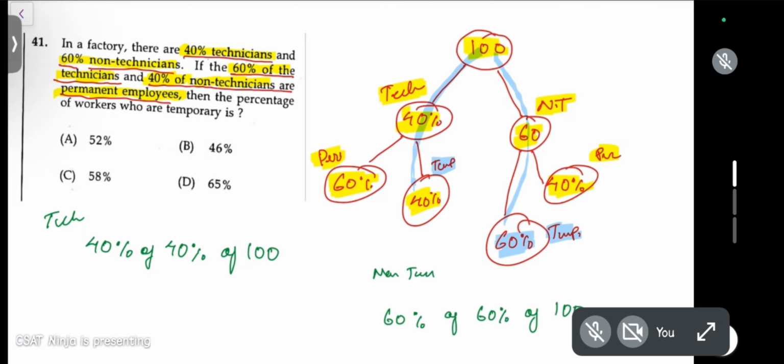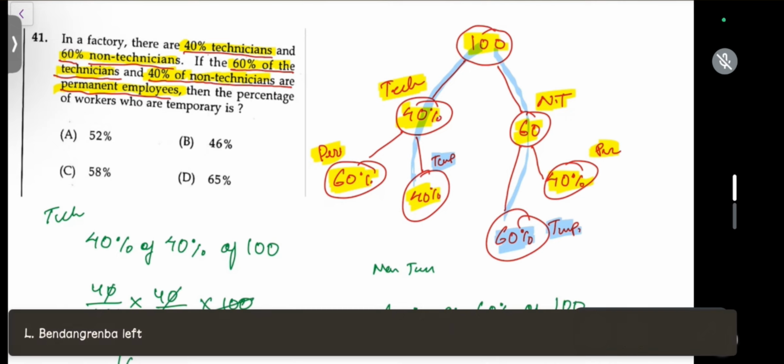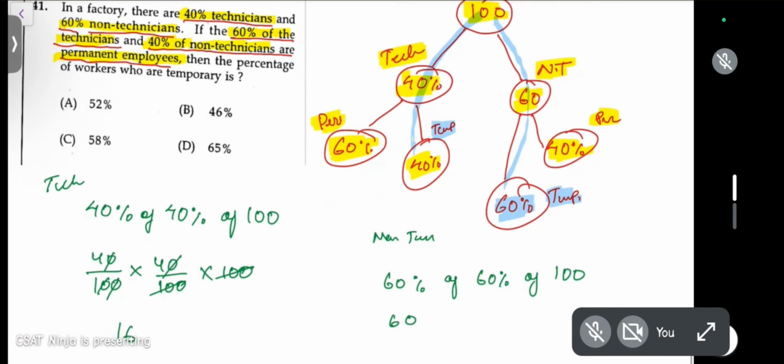So 40 divided by 100 into 40 divided by 100 into 100. The 100 cancels, the 0s cancel, 4 fours are 16. Same thing here, 60 divided by 100 into 60 divided by 100 into 100, the 0s cancel, 6 sixes are 36.